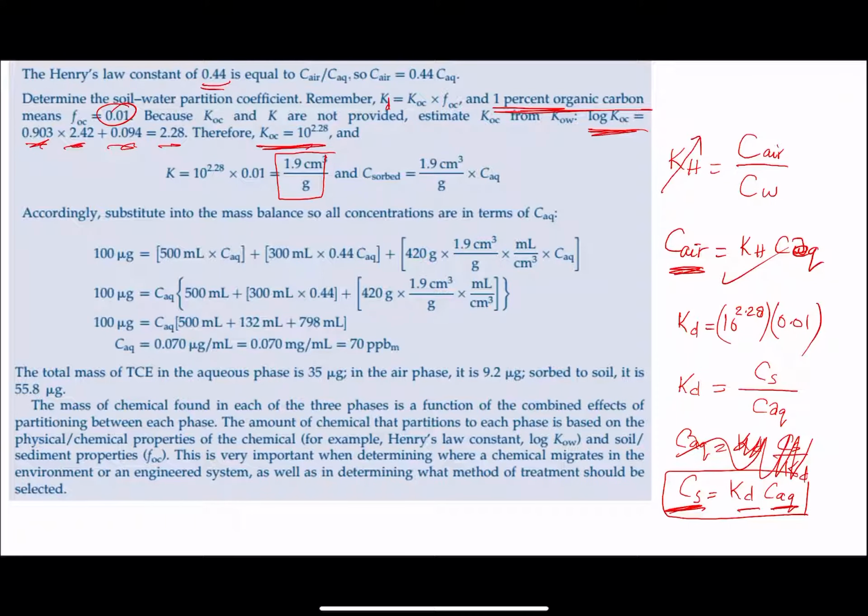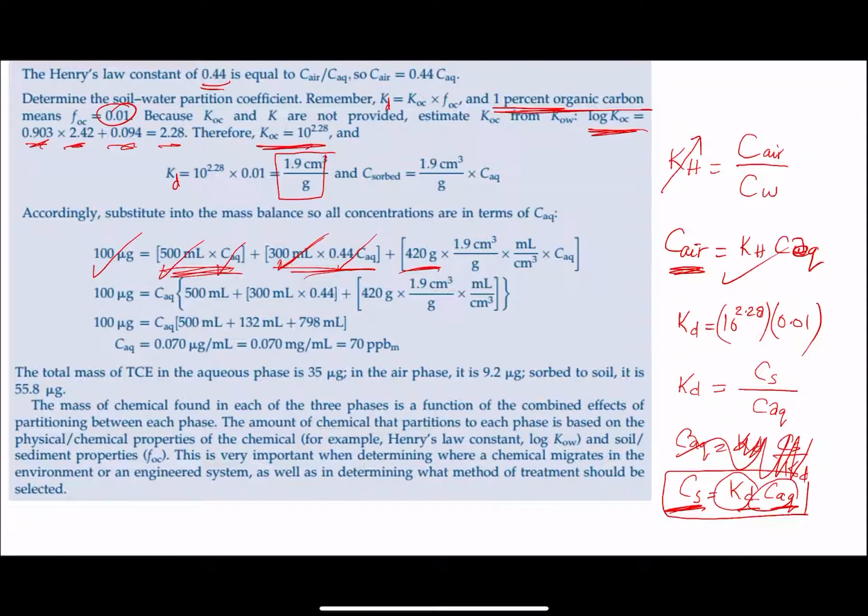So let's put it in the equation. 100 microgram equals 500 milliliters times C aqueous, unknown, plus 300. This is for water. This is for air: remember, 300 ml volume times 0.44 C aqueous, plus the mass of the soil, which is 420, times KD times C aqueous.